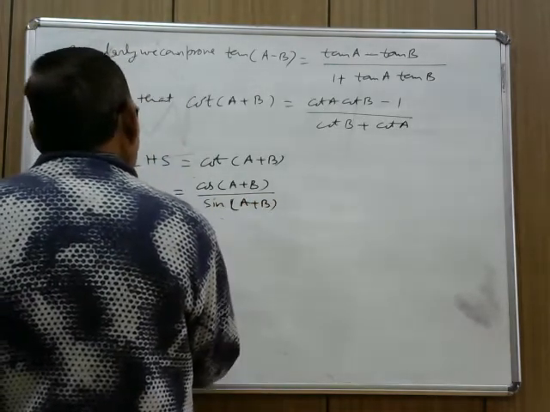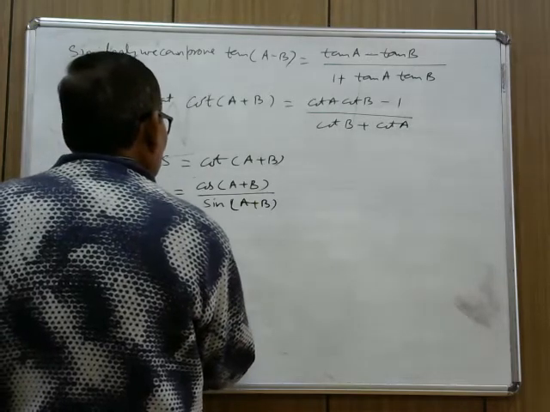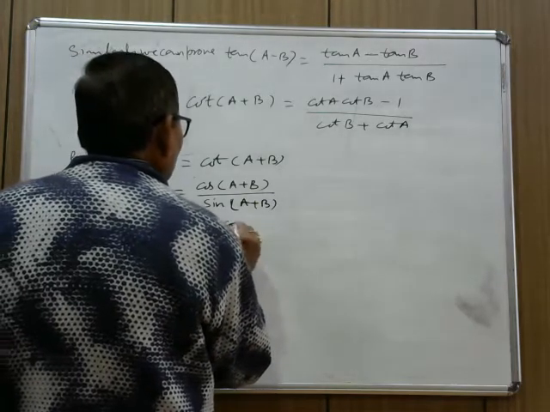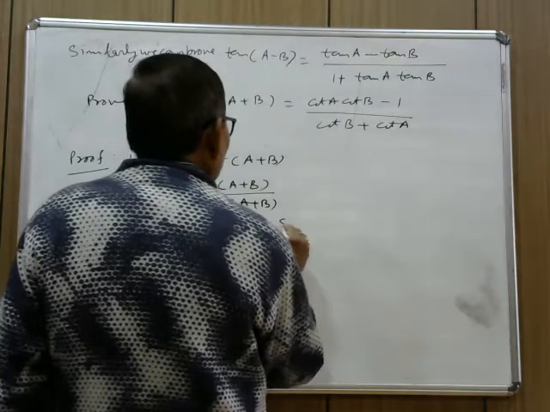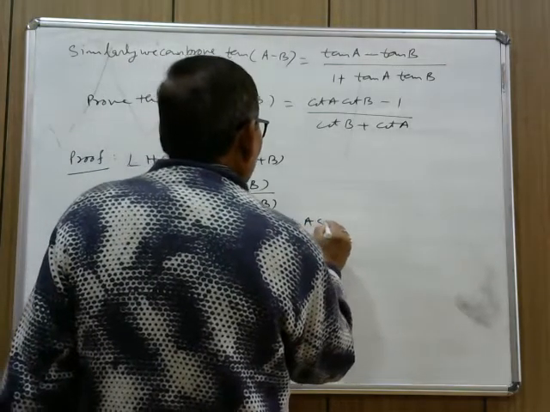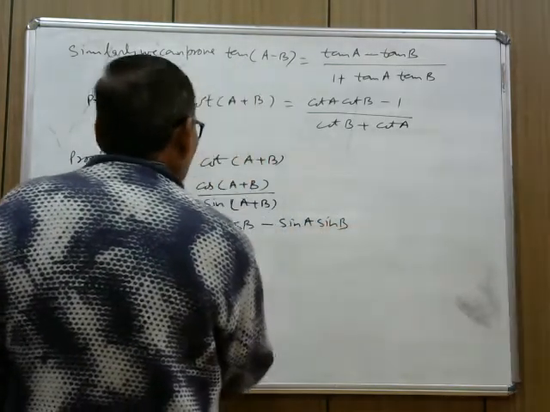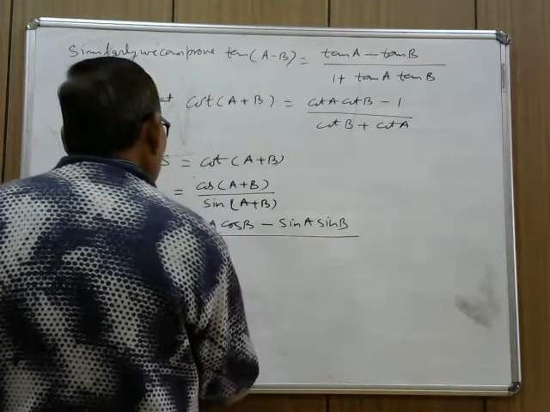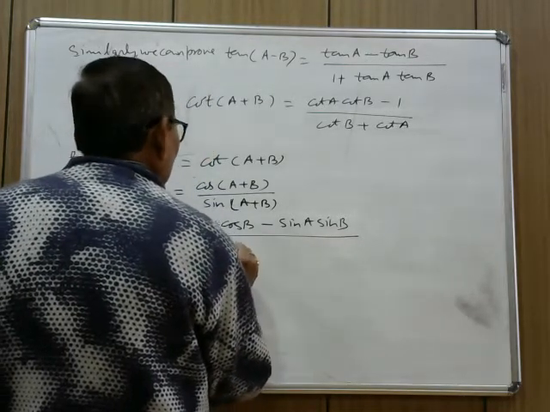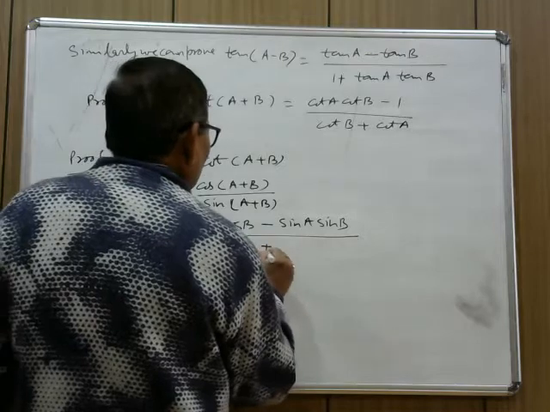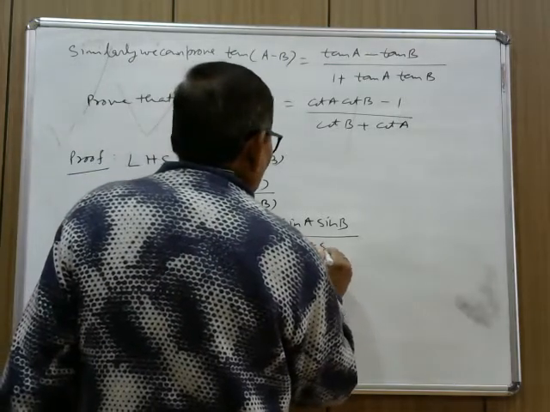So you write the value of cos(A plus B). This is (cos A cos B minus sin A sin B) upon (sin A cos B plus cos A sin B).